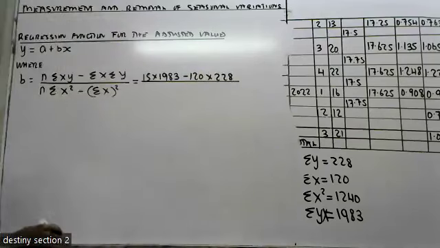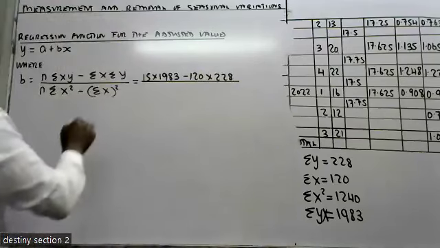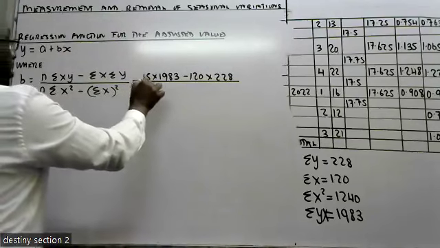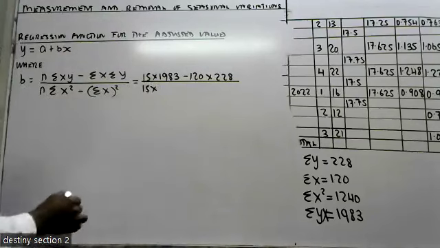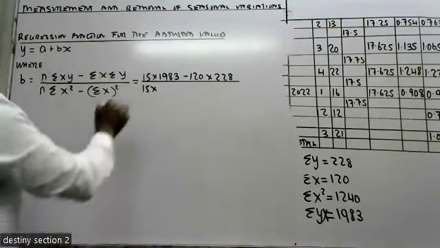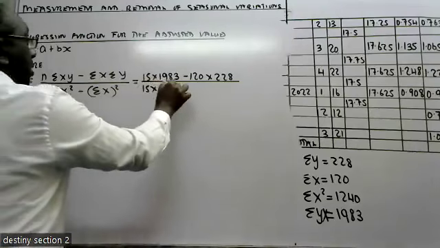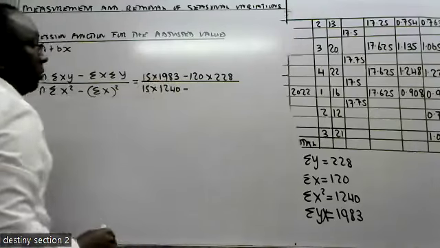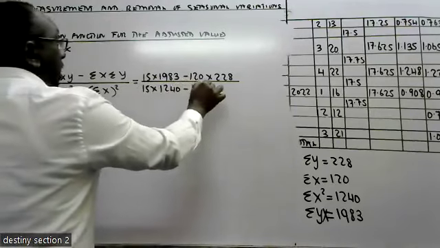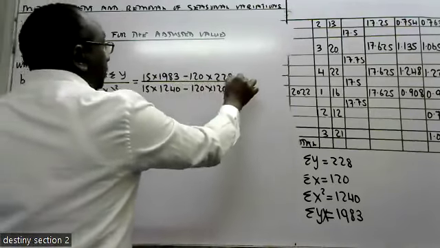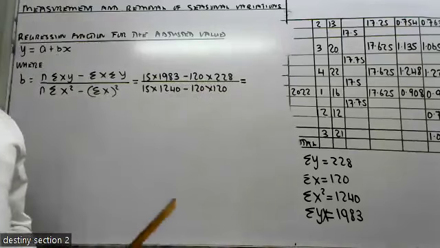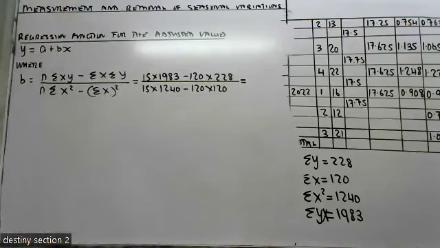You divide by n, which is 15, multiplied by sum of x squared, which is 1240, minus sum of x, 120 times 120. So work out that and then give me the answer.